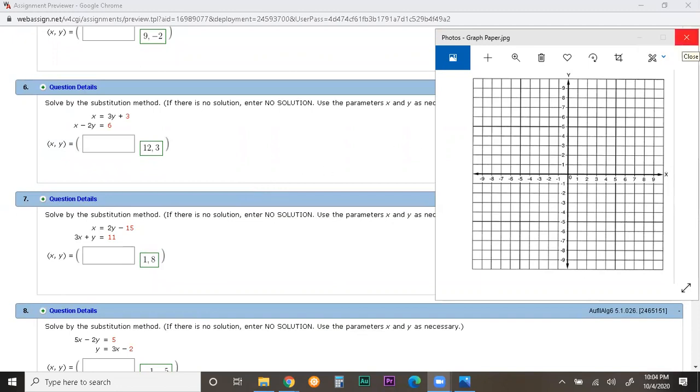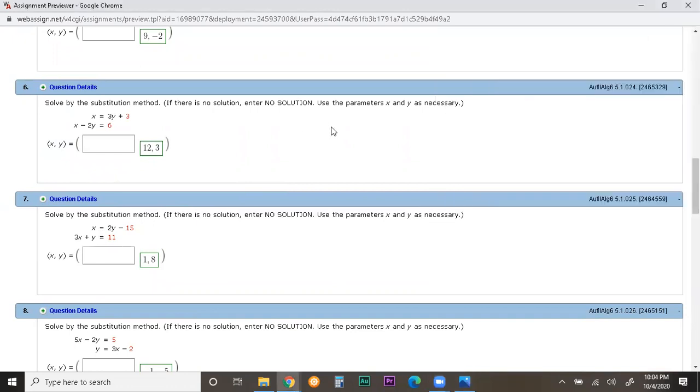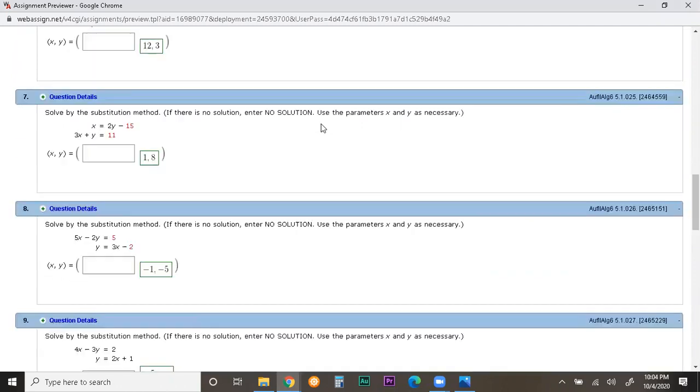So that's great for you guys. It's already done. So let's work 2 of these out so you guys can get the gist of that. Let's do 7 and 8.